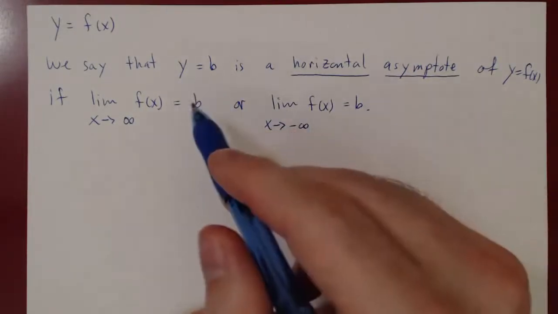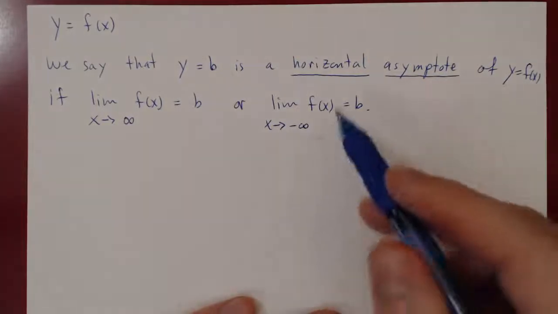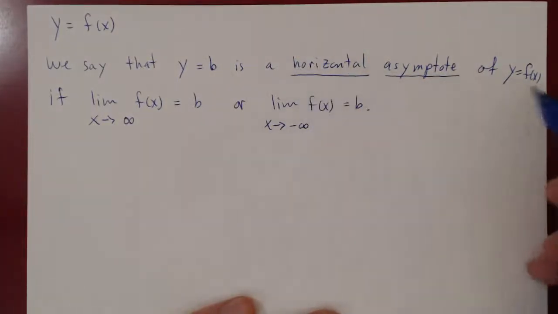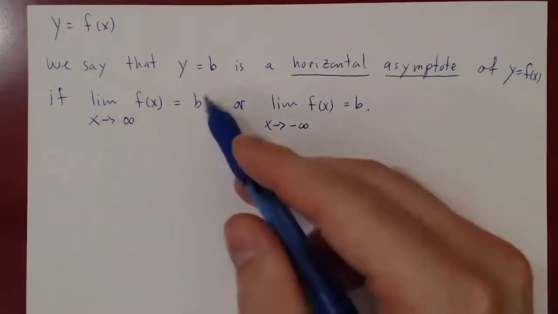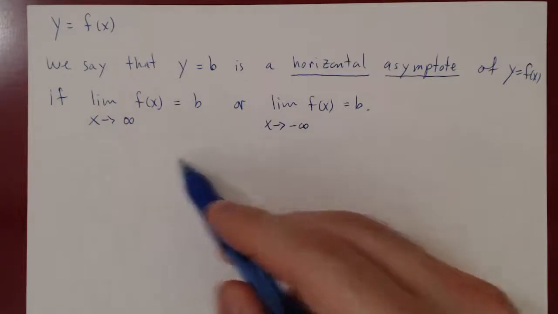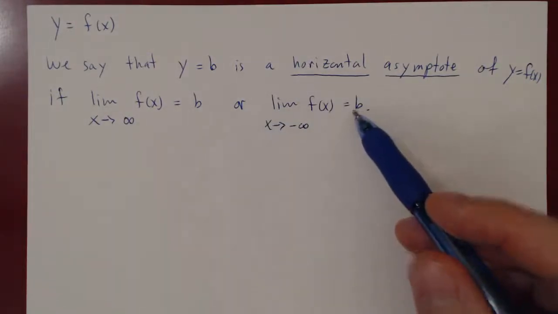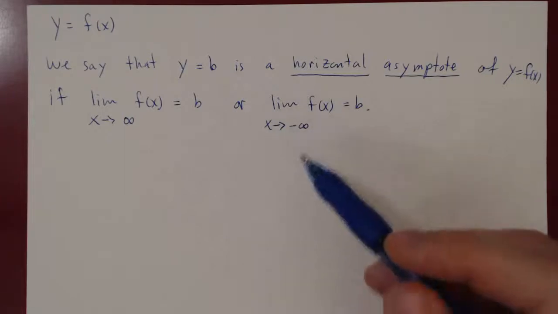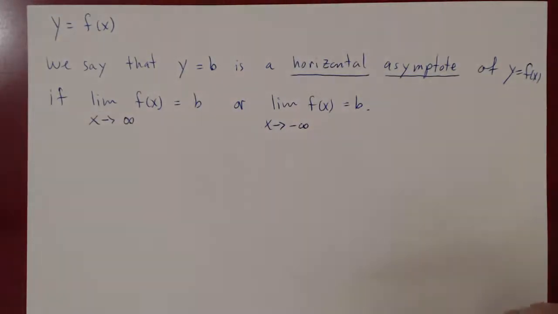And if b satisfies this or this, b is called a horizontal asymptote of the function y equals f of x. In this case, we would say that b is a right horizontal asymptote because x approaches positive infinity. In this case, we would say that b is a left horizontal asymptote because x approaches negative infinity.